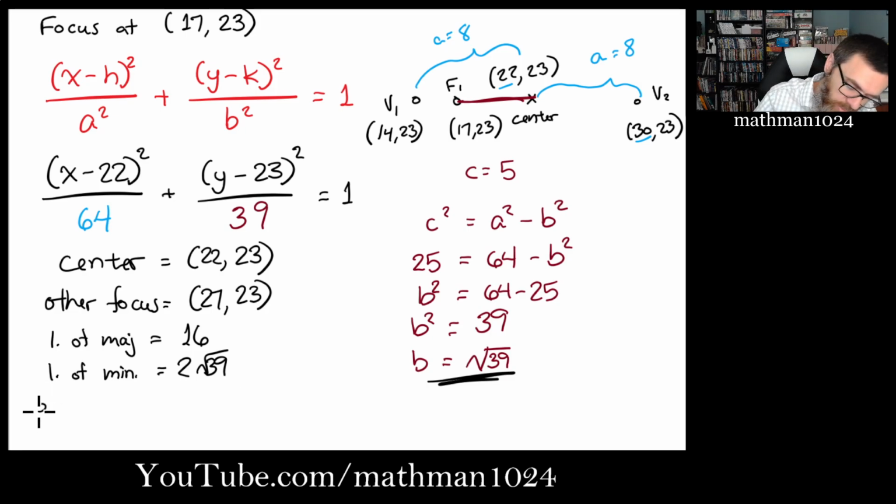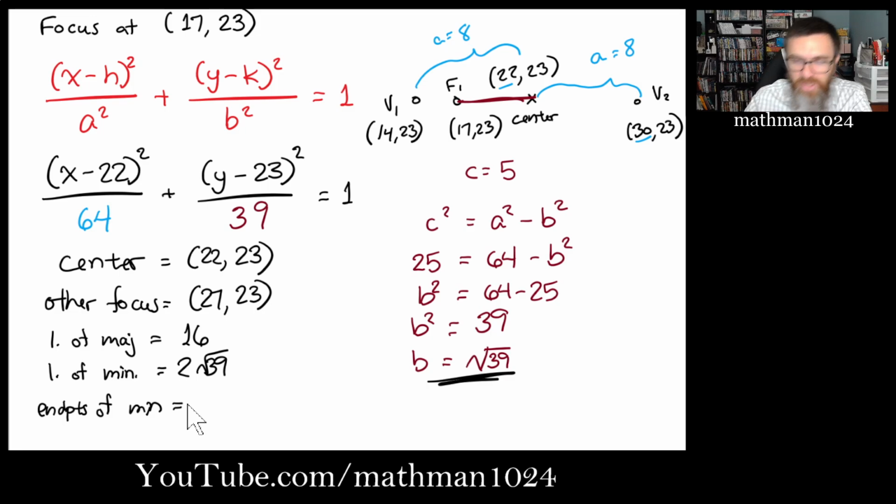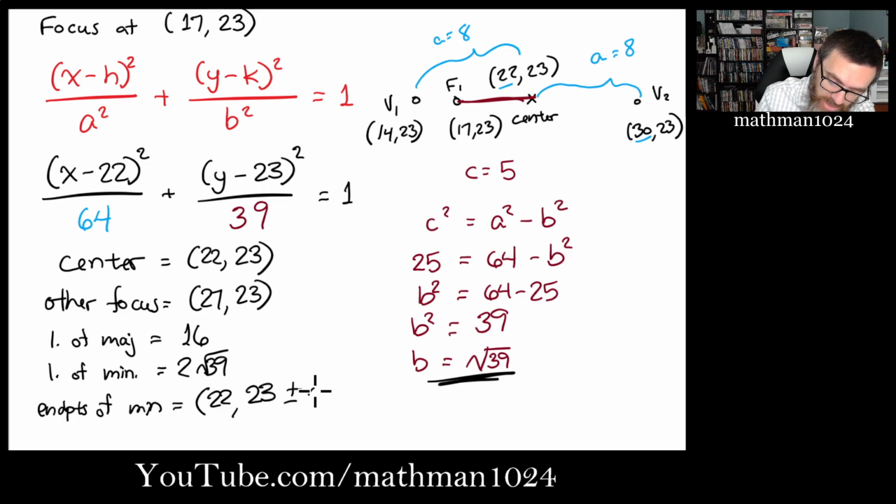And then we have the endpoints of the minor axis. So again, we are stretching square root of 39 top and bottom from that center to find the endpoints of the minor axis. So the x is staying the same at 22, and the y value is 23 plus or minus the square root of 39.